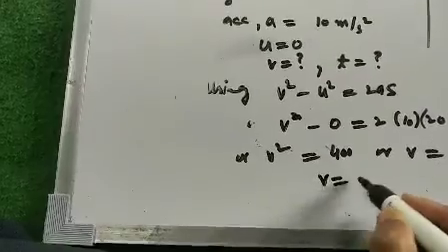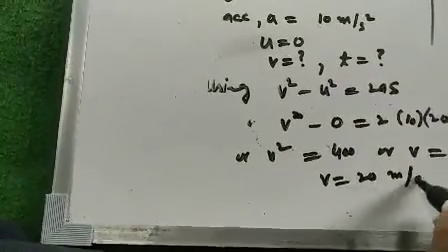So velocity is equal to 20 meter per second. This is the velocity with which the ball strikes the ground.